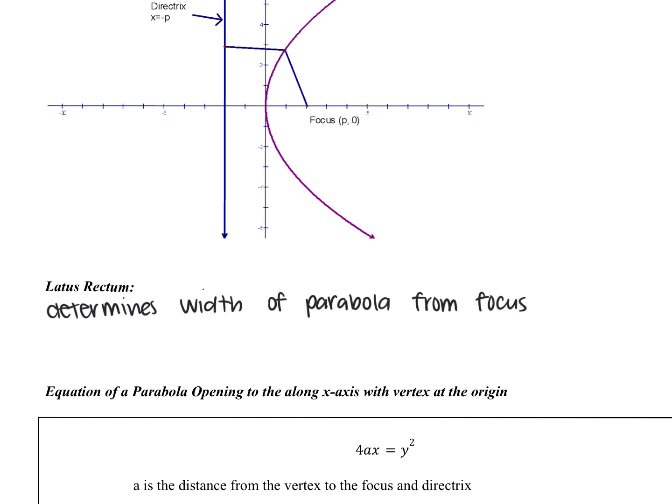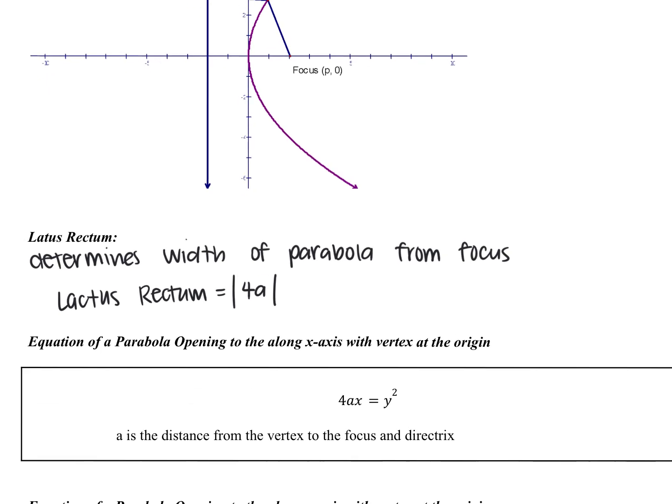And the equation we use for that is the absolute value of 4a. And we're going to talk about where that 4a comes from when we talk about the equation of a parabola. But that will help you determine the width of your parabola at the focus specifically.